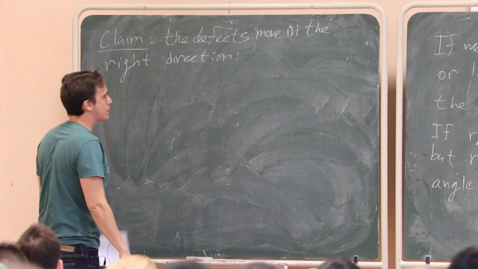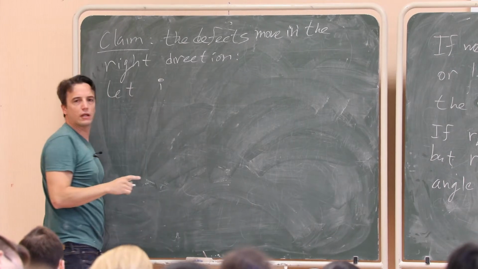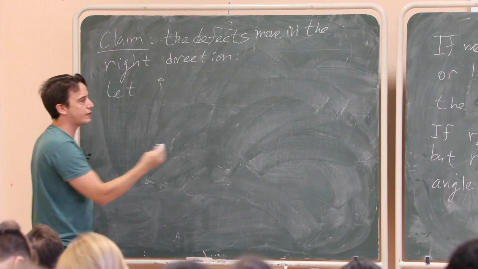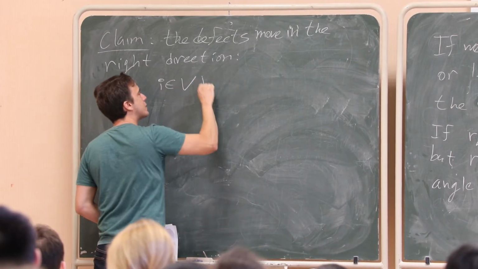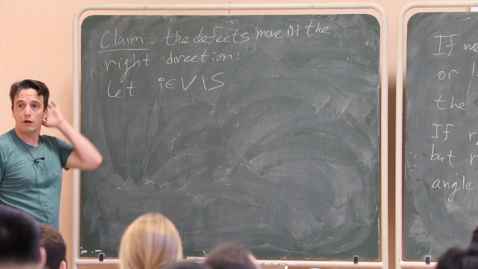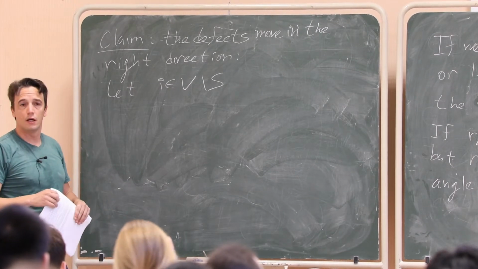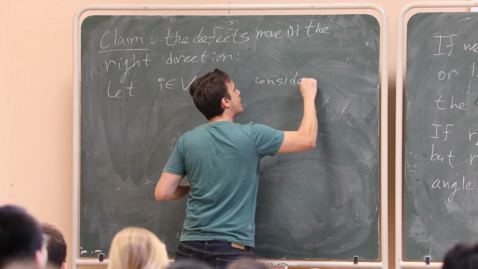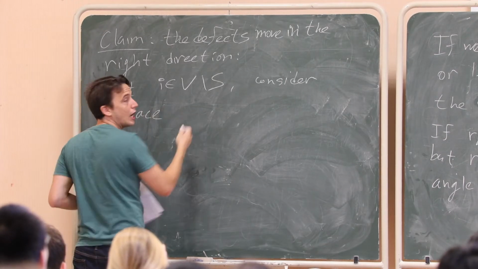Let's observe that. So let's consider I, sometimes I confuse I and V I, but it should be clear. This is just a vertex that is left of the gap. So it belongs to V minus S, right? And I'm performing this algorithm. So there are several cases, right? So let's consider a face which I belongs to.